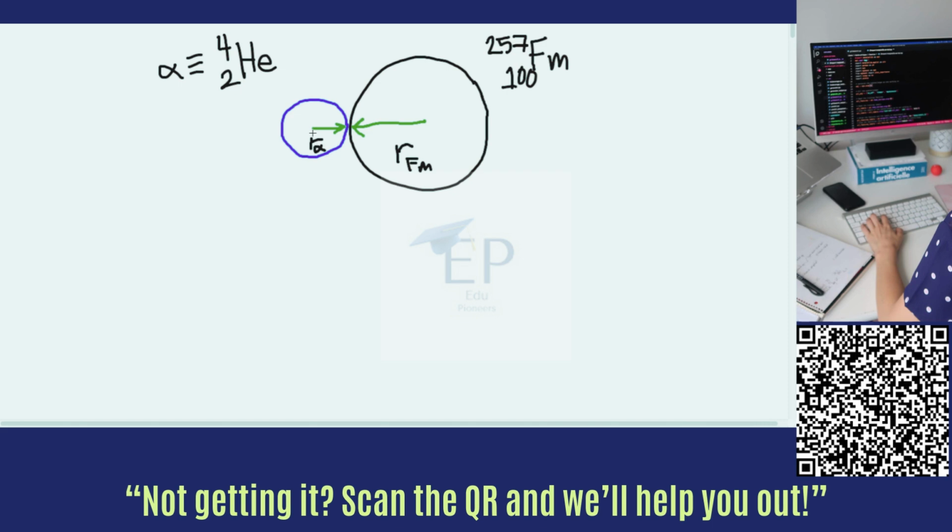To do this problem, we're going to have to know how far apart their centers are from each other when they're in contact. And I'm going to call this distance script r, the sum of the radius of the alpha particle plus the radius of the Fermi atom.